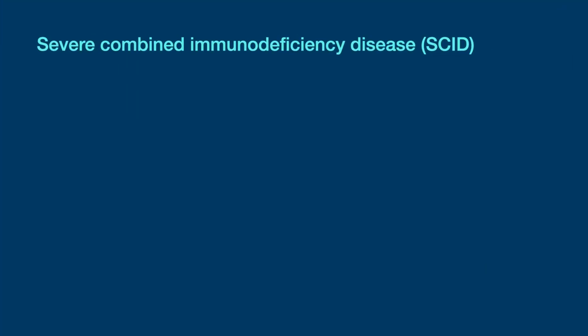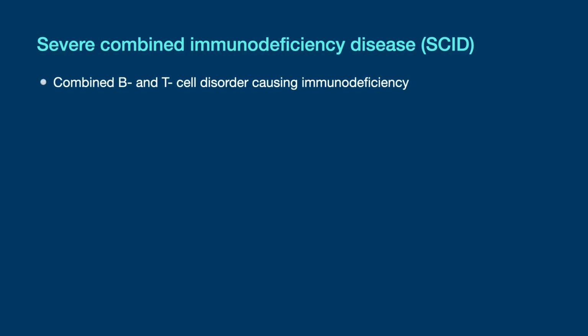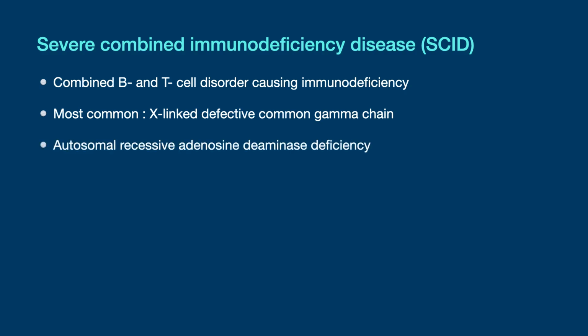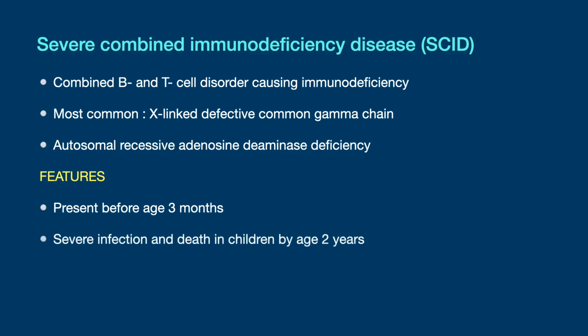Next, severe combined immunodeficiency disease. It's the combined B and T cell disorder causing immunodeficiency with multiple variants found. Most common is X-linked defective common gamma chain and autosomal recessive adenosine deaminase deficiency. Most patients present before the age of 3 months. Without intervention, SCID usually results in severe infection and death in children by the age of 2.